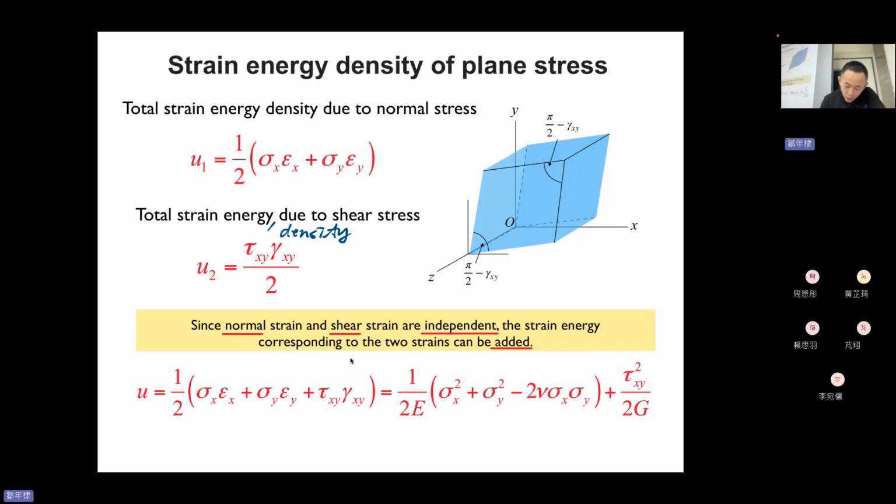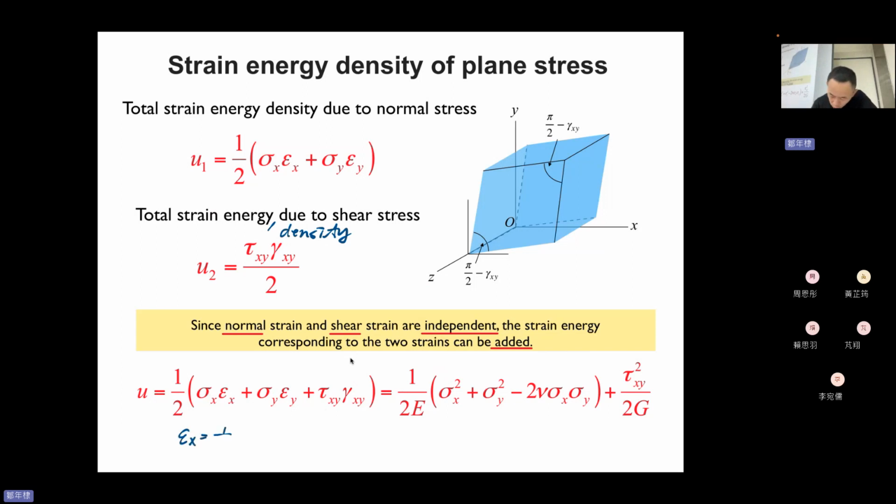There are two forms for the U. The left-hand side is determined by the strain, epsilon and gamma. And on the right-hand side, we can use Young's modulus to replace the strain. So I can write down some hints here.